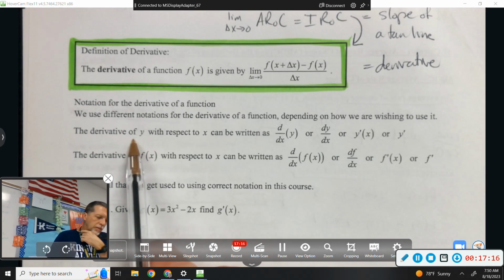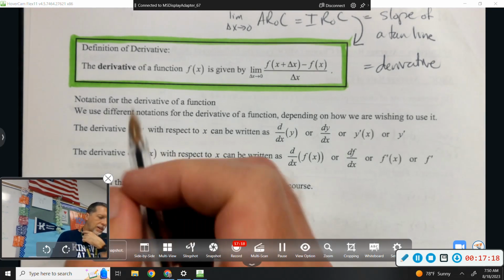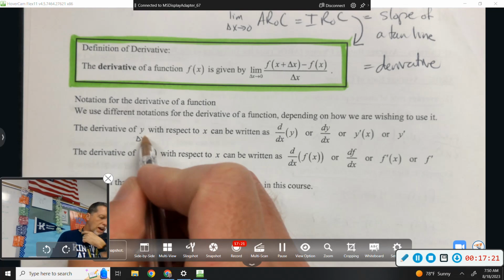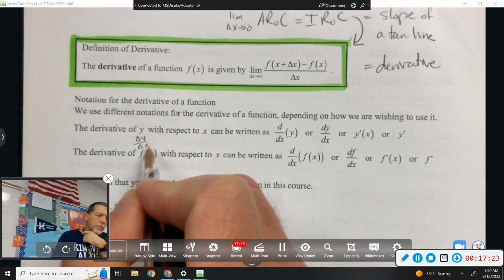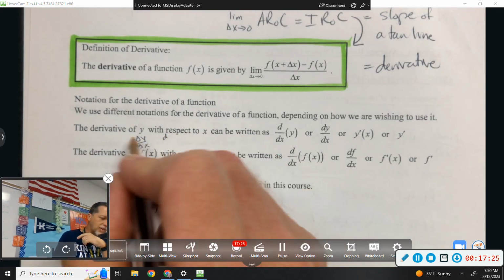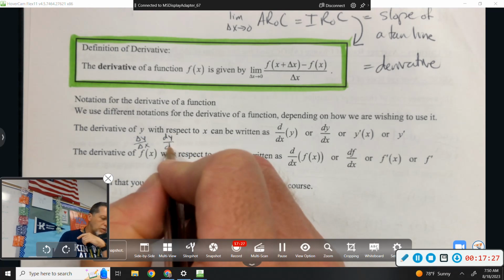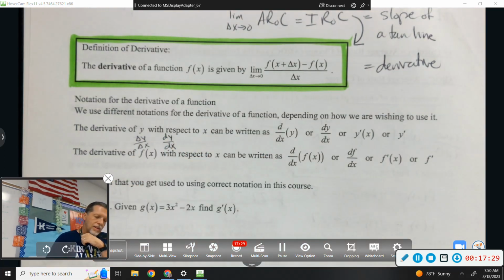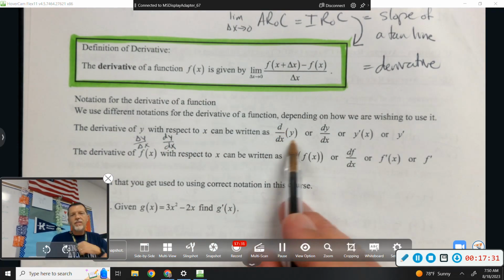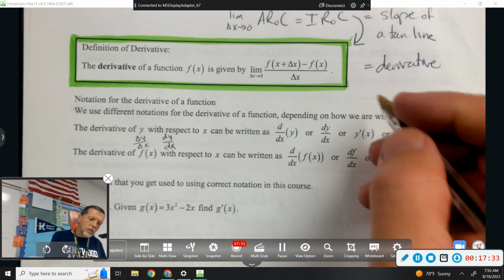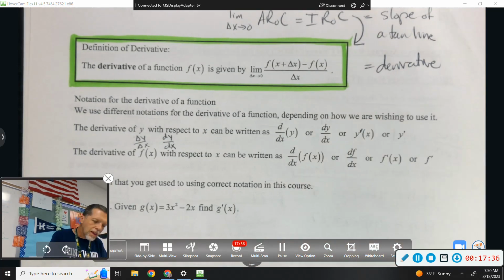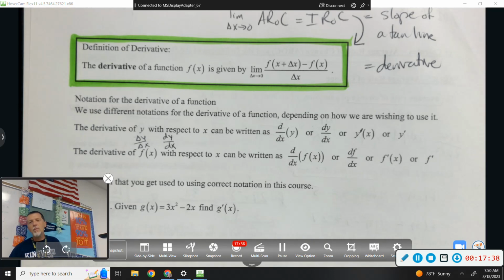The derivative of y with respect to x, so that's sort of like the change of y with respect to x, but it's not a delta, it's a differential, so we use dy dx, which is the same thing as this one. We use this prime, y prime is what we say, y prime of x, or just plain old y prime.